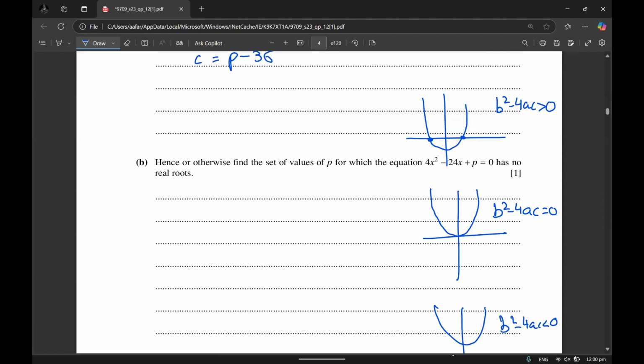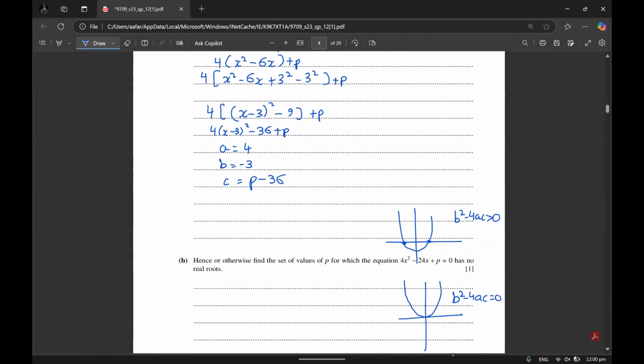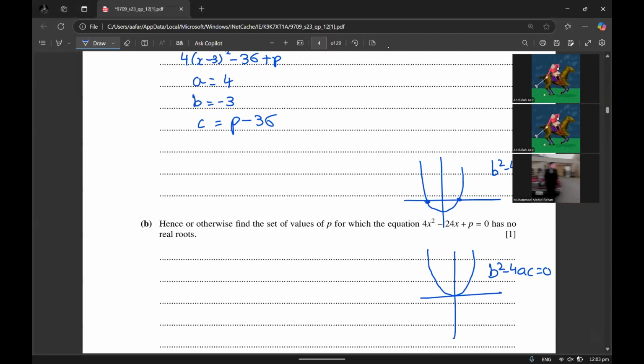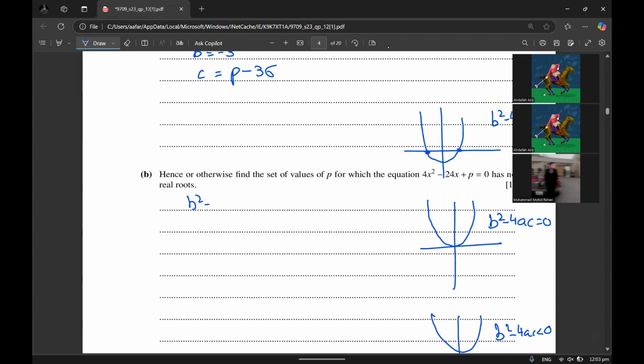So it told us that the equation has no real roots, so we'll go with b square minus 4ac being smaller than 0.